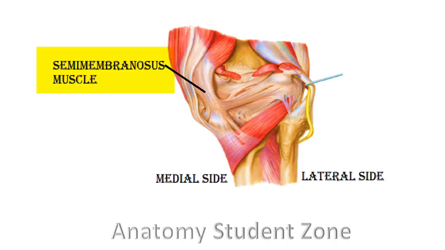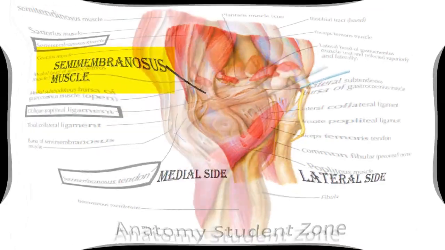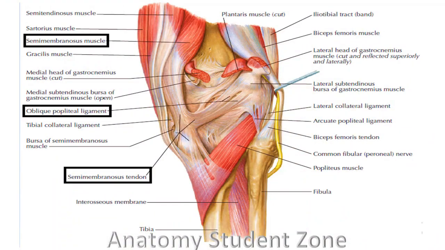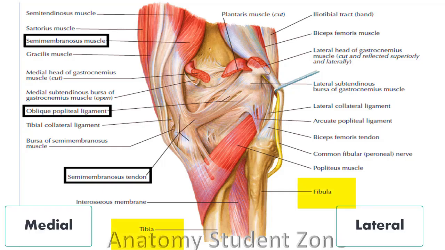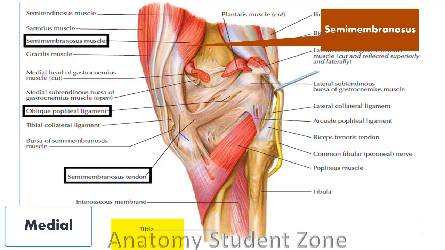Distally, the semimembranosus tendon, it's very important to remember, divides into three parts. When it is going to attach distally, there are three distal attachments of semimembranosus. So this is the posterior view of the knee joint. Again, first identify the medial side and then the lateral side. On the medial side, because we are covering semitendinosus and semimembranosus, we can observe semimembranosus, and of course semitendinosus will be superficial to this.